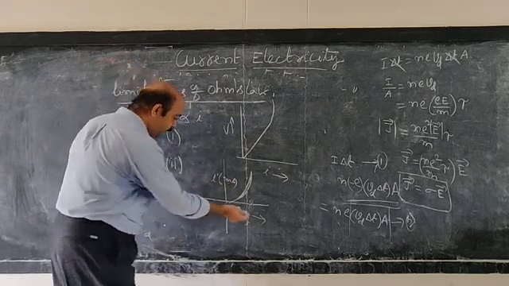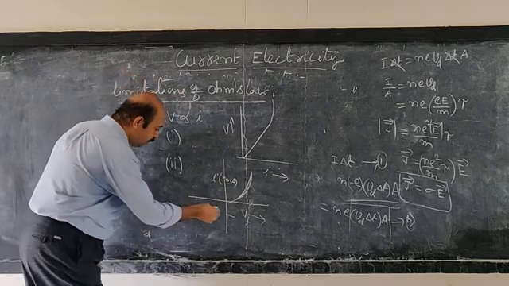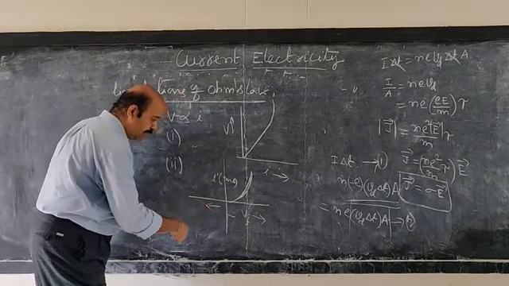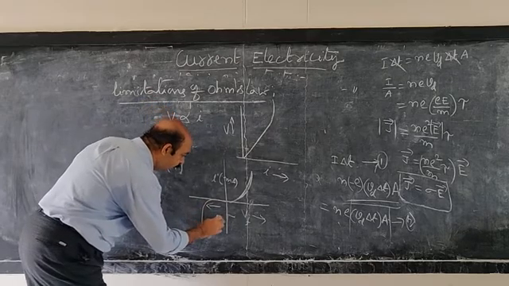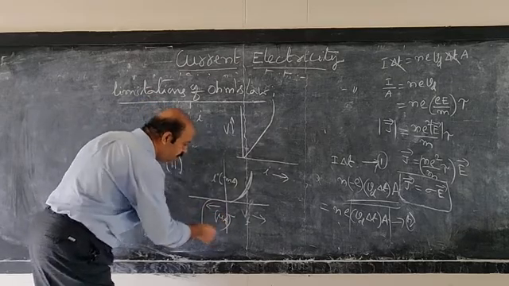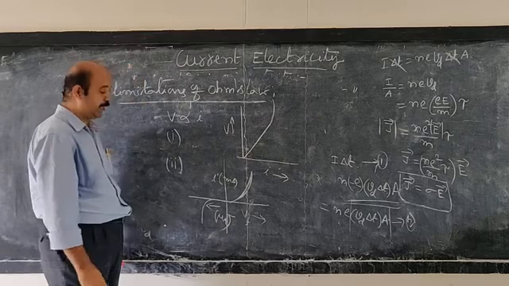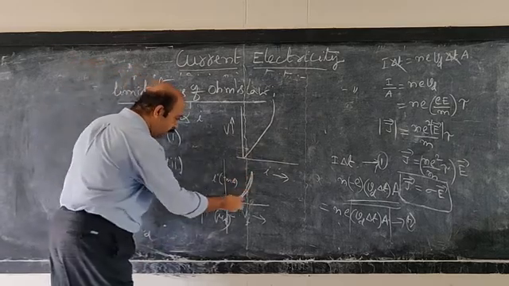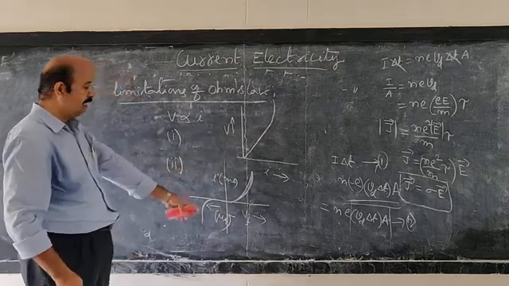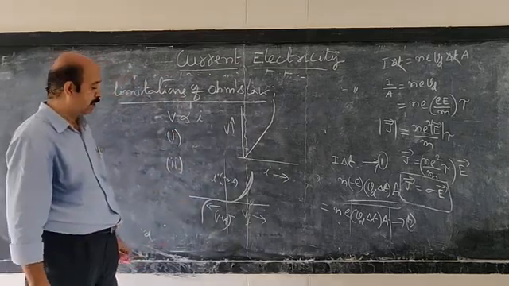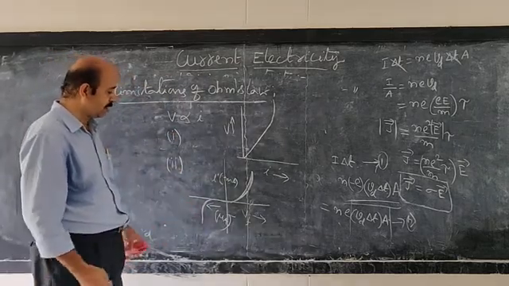Reversing the voltage, in the reverse direction, if you increase the voltage, the current increases, but in microamperes. So the current-voltage characteristic doesn't hold good in the case of semiconductors, that is diodes or transistors.